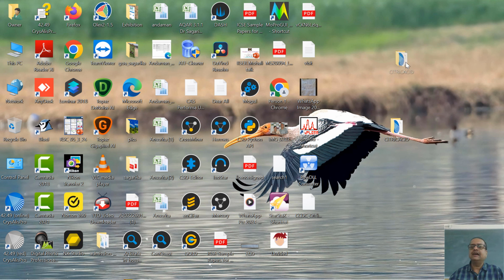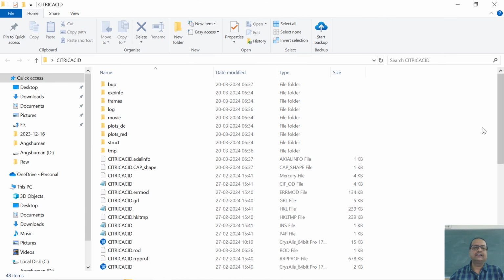So what I have here is this citric acid data, which some of you were there in that class when we collected the data about 2 weeks ago, right? When you collect the data, it gives you a large number of folders. Some of the folders are self-explanatory.